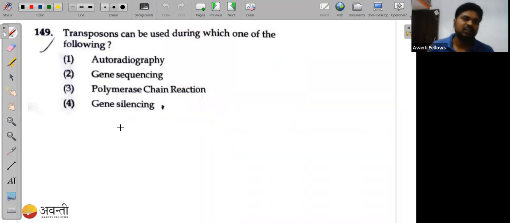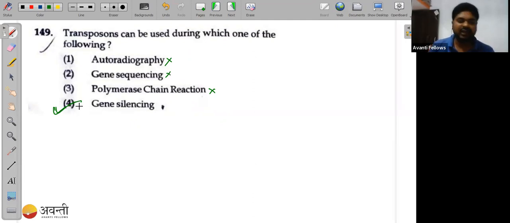Next question. Transposons can be used during which one of the following? कौन से सिस्टम में ट्रांसपोजोन्स का यूज होता है? In case of autoradiography, no, there is no use of transposons. Next is gene sequencing, no. Next is polymerase chain reaction. No, but transposons are used in the gene silencing.